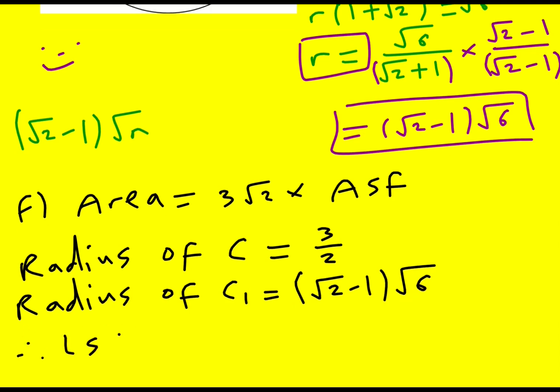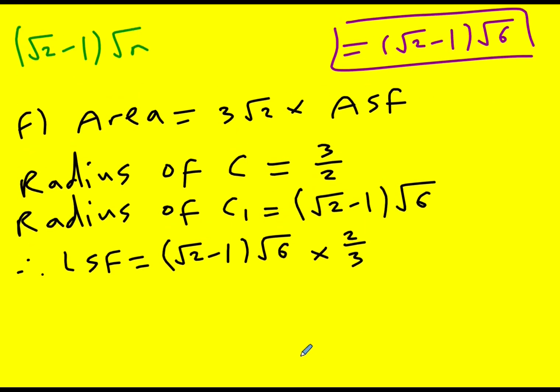Therefore, length scale factor is going to be the smaller one divided by 3/2, which is the same as timesing by 2/3. That's between the circles, but more importantly, between the kites as well.